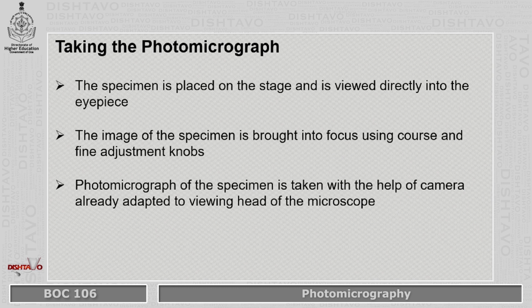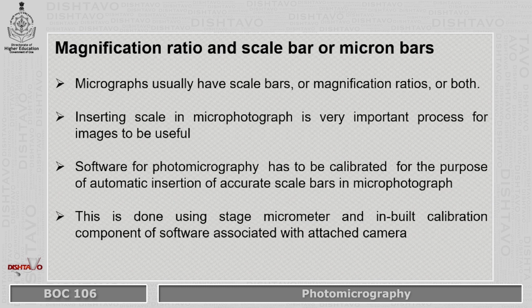Once the camera is attached to the microscope, the next step is taking the photomicrograph. The specimen is placed on the stage and viewed directly into the eyepiece, and the image of the specimen is focused by using the coarse and fine adjustment knobs, and then the photomicrograph of the specimen is taken with the help of the camera which is already adapted to the viewing head of the microscope.